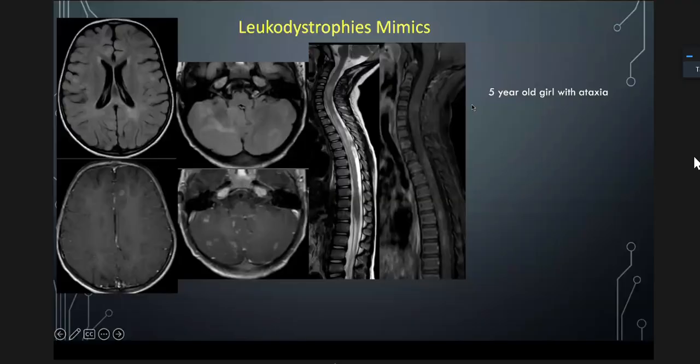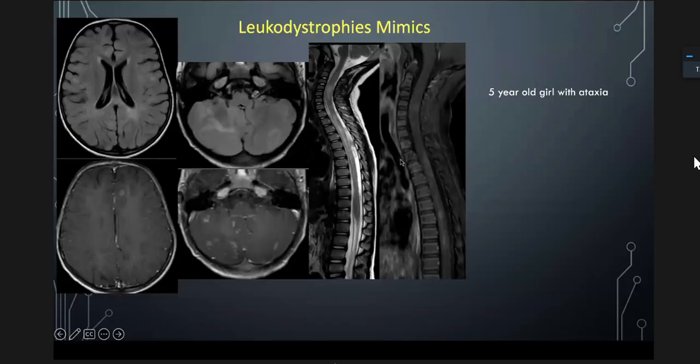Again, another mimic. So now this is very common. This is again a 5-year-old girl with ataxia. We see abnormal confluent signal involving the periventricular white matter, some patchy areas of involvement of the cerebellum, but notice these enhancements. The enhancement is punctate and very ill defined. Also, this child had involvement of the spinal cord, which was a long segment.